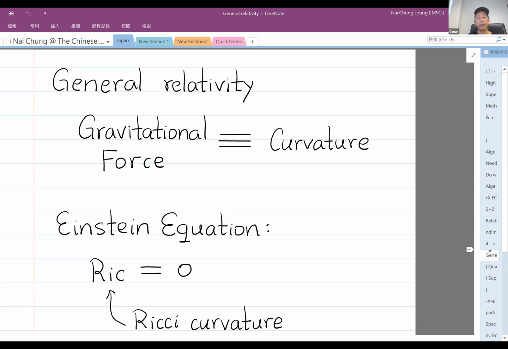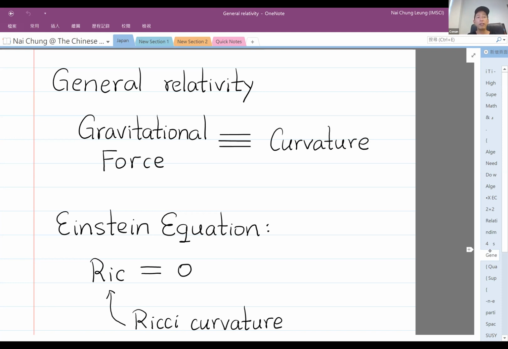In fact, the space itself will be curved. I didn't put a picture here, but you probably have seen many of those pictures in many physics books and so on. And so the thing is, if you have gravitational force, that will force the space or space-time to have curvature, and in fact, vice versa.